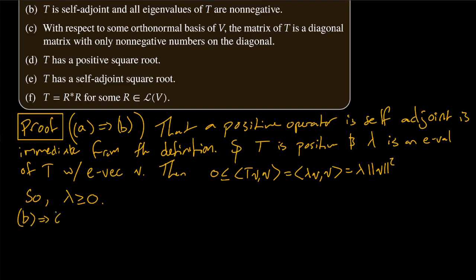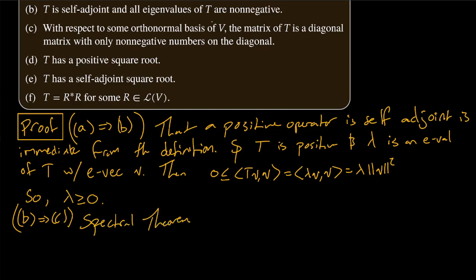B implies C. So this claim is that if T is self-adjoint with all eigenvalues non-negative, then with respect to some basis of orthonormal vectors, the matrix of T is diagonal with only non-negative numbers on the diagonal. This is immediate from the spectral theorem. So I'll just write spectral theorem.